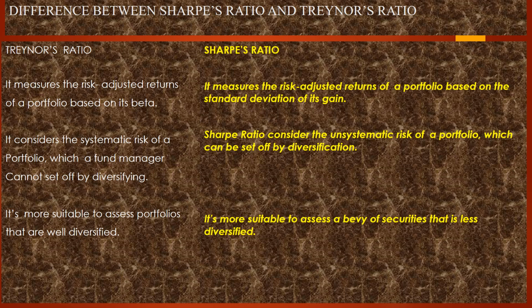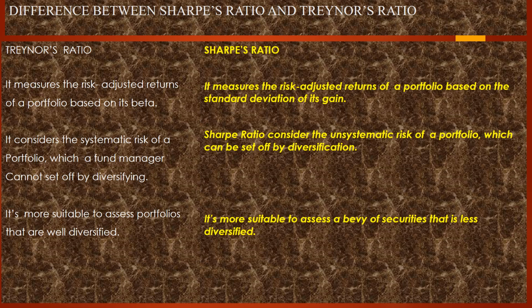This is the difference between Sharpe's ratio and Treynor's ratio. Treynor's ratio measures the risk adjusted return of a portfolio based on its beta. Sharpe's ratio measures the risk adjusted return of a portfolio based on the standard deviation of its gain. Treynor's ratio considers the systematic risk of a portfolio, which a fund manager cannot set off by diversifying.